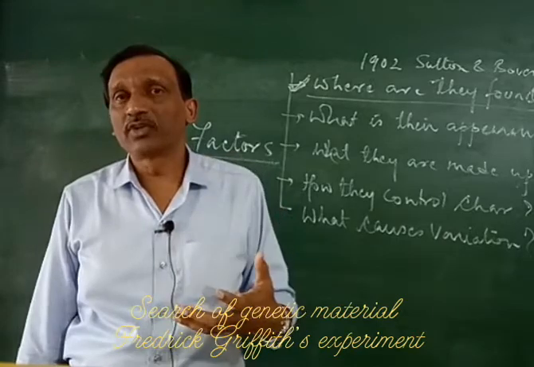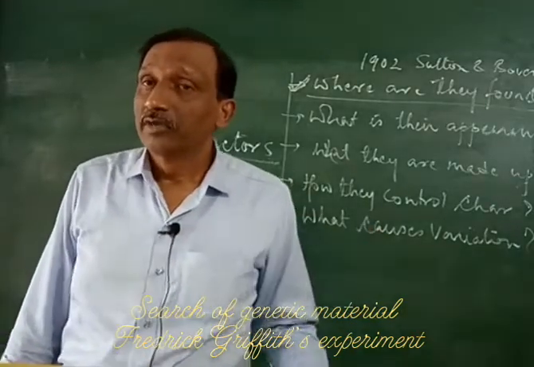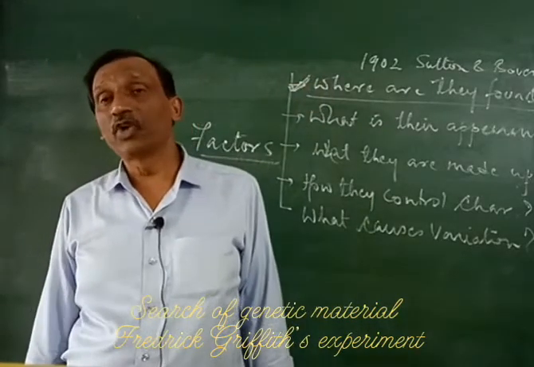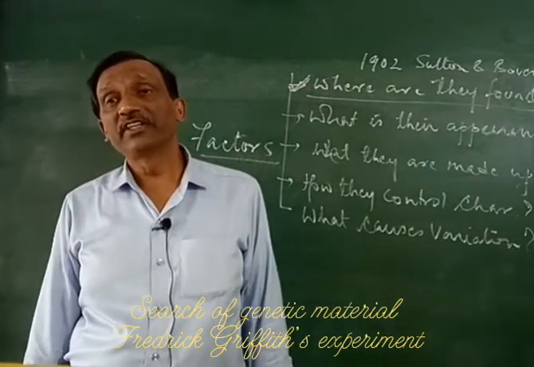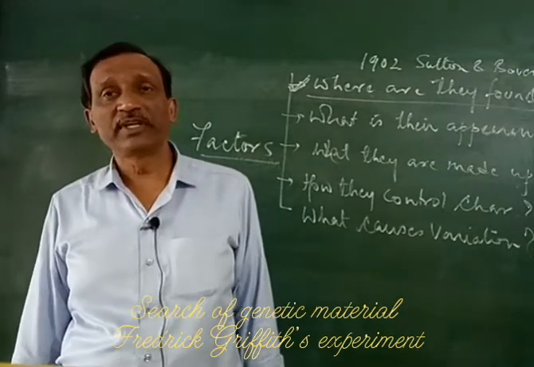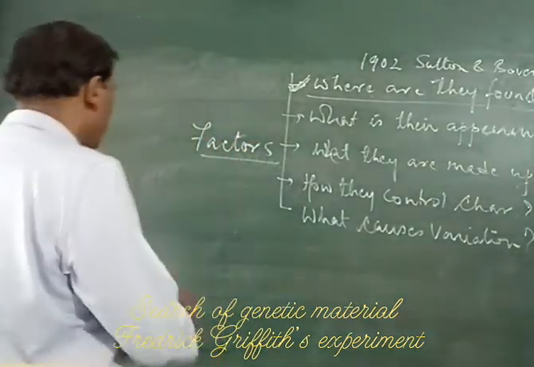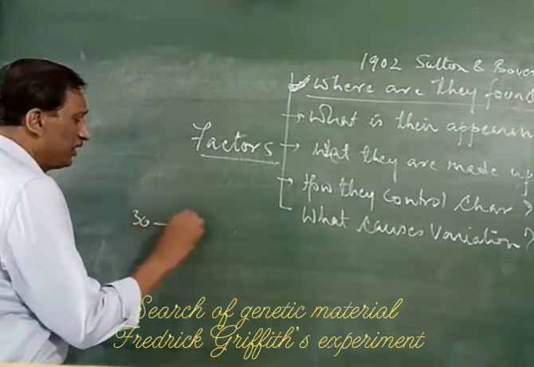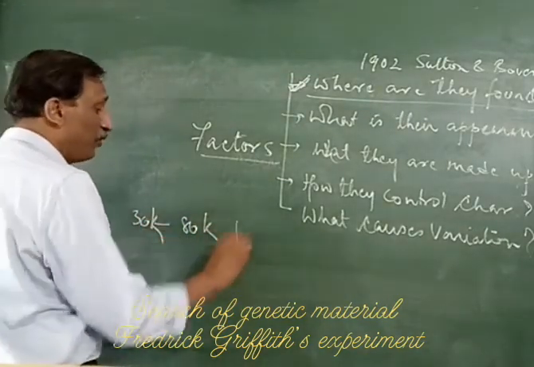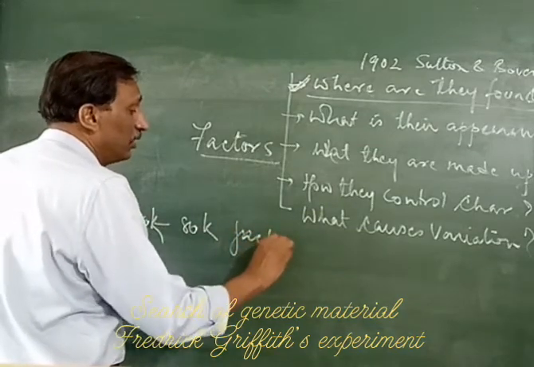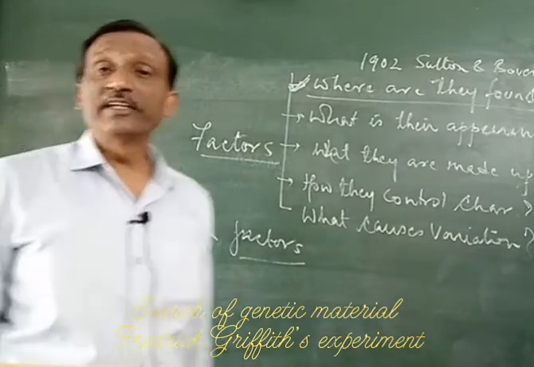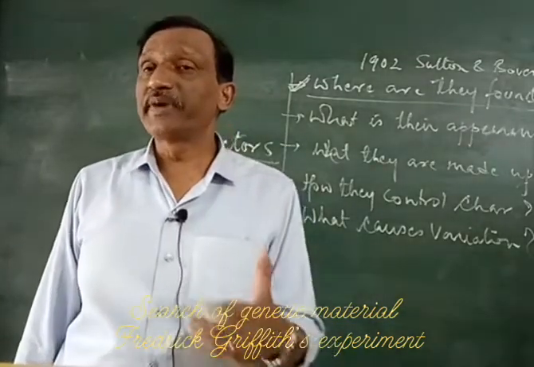So a human being like organism, which is thousands and thousands of times bigger and more complex than the bacterium, definitely should have thousands and thousands of times more factors. If we consider somewhere about 30,000 to 80,000 factors in a human being, then one more thing is clear, that each factor should be made up of a separate chemical.